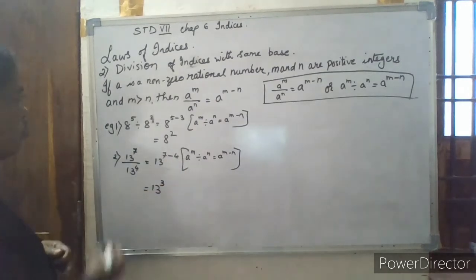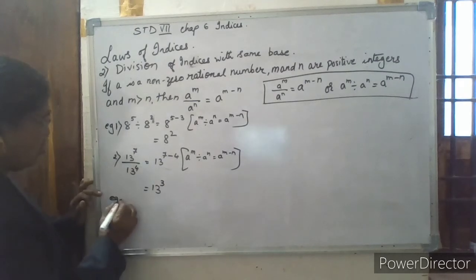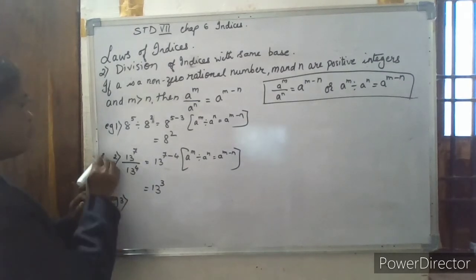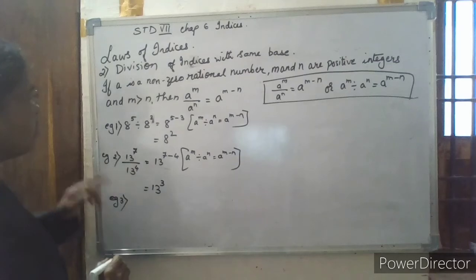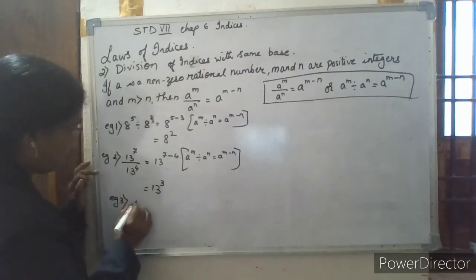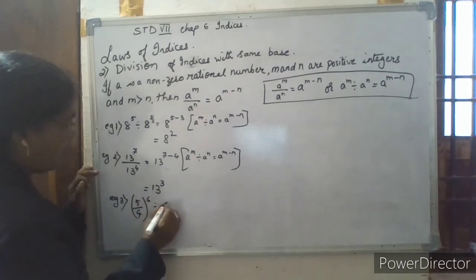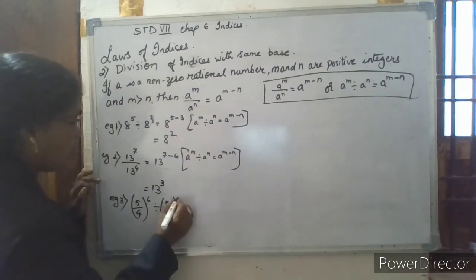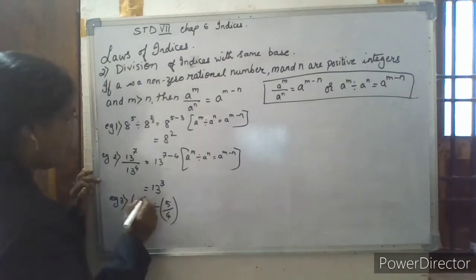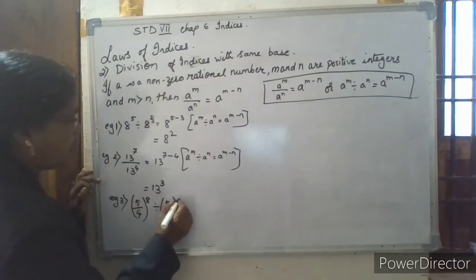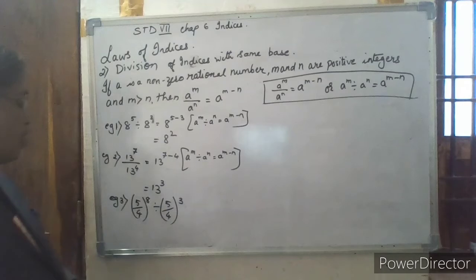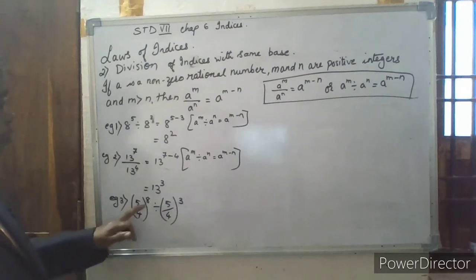Example 3. Suppose it is 5 by 4 whole raised to 8 divided by 5 by 4 whole raised to 3.